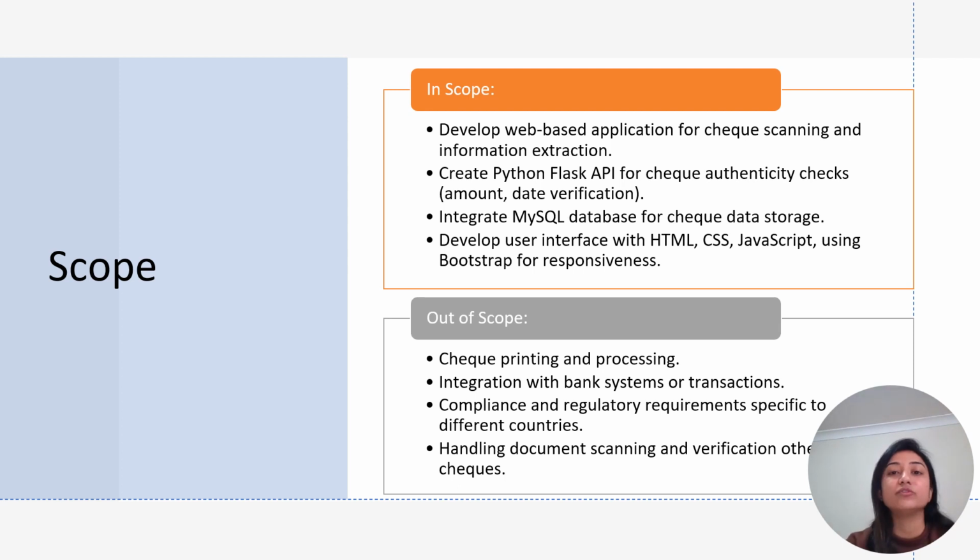We have to develop the user interface with HTML, CSS, JavaScript, and Bootstrap as well. Out of scope are check printing and processing, integration with the banking system or transactions, and compliance and regulatory requirements specific to different countries.